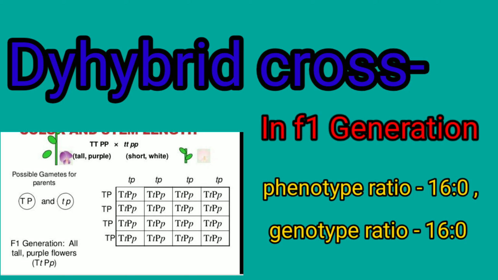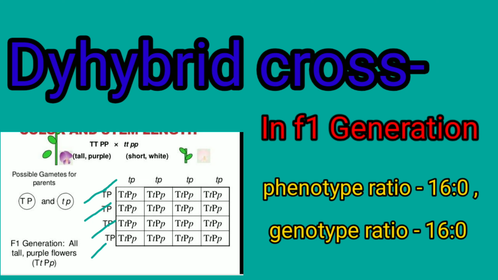In the dihybrid cross, we take two characters: capital T, pure tall, and capital P, purple in color, crossed with small t, which is a short plant, and small p, which is white in color. The gametes produced by this plant will be capital T capital P, and all four gametes would be of the same type.